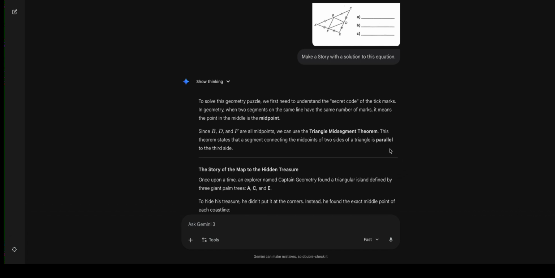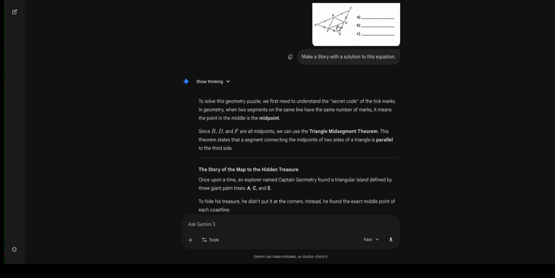Once upon a... This makes sense to me. So this side is parallel to this side. So this right here is half of this whole side. This side is parallel to this side, and it is half of the distance.